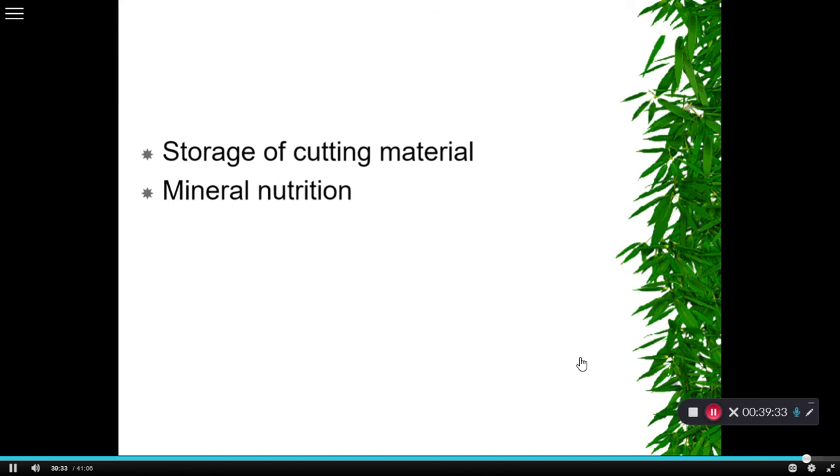If I harvest cuttings from healthy stock plants, there should be enough carbohydrate supply and mineral concentration in that cutting to satisfy the demand of new root initials, those new root organs that are forming. And once that cutting is rooted out into the surrounding soil, that's when I should consider the addition of mineral nutrients.